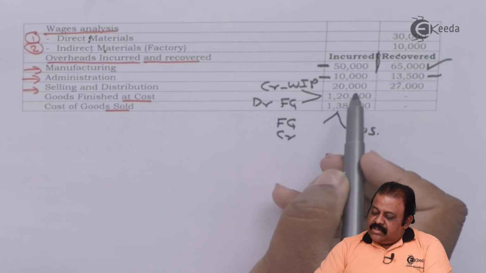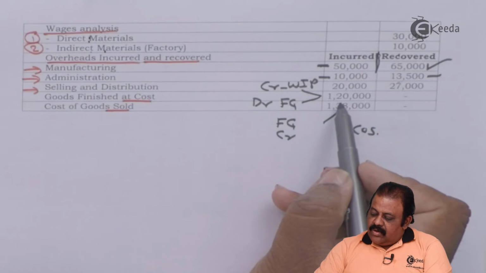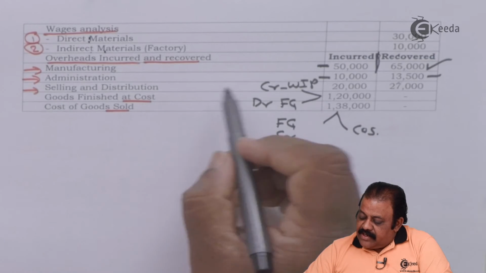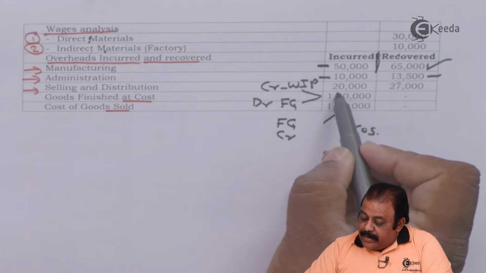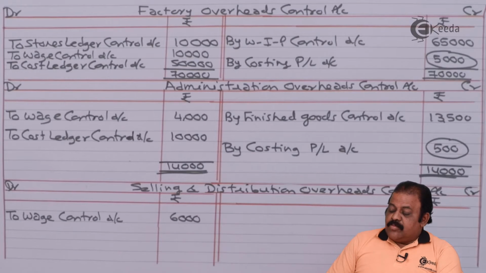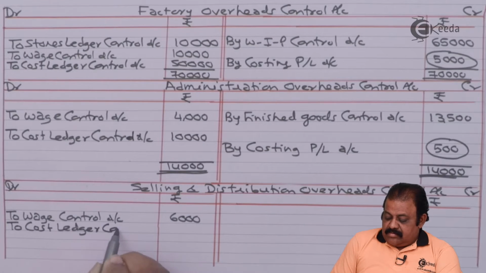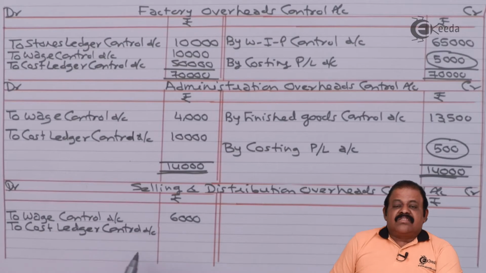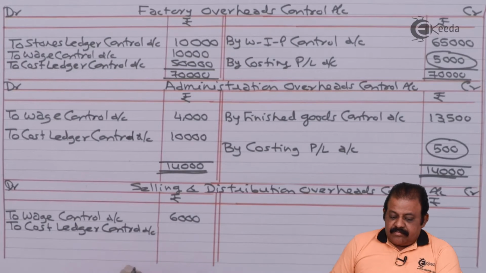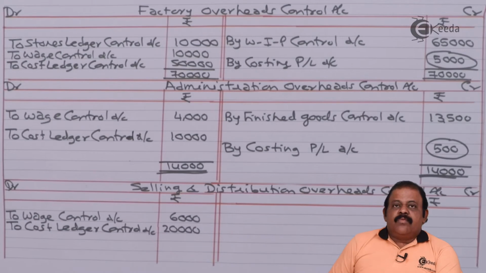Selling and distribution incurred 20,000. So selling and distribution overheads control account on debit side, to cost ledger control account, 20,000.